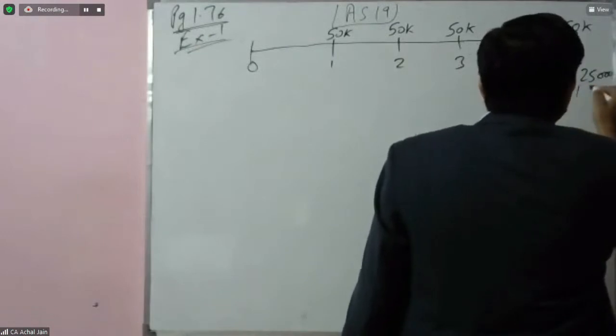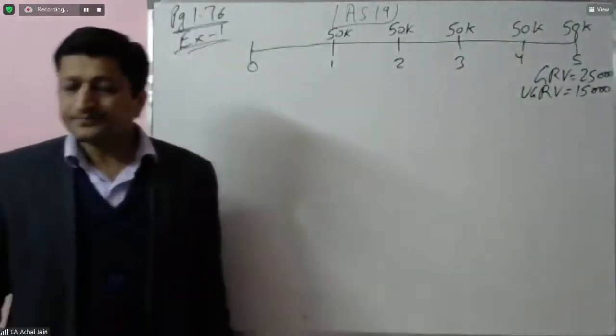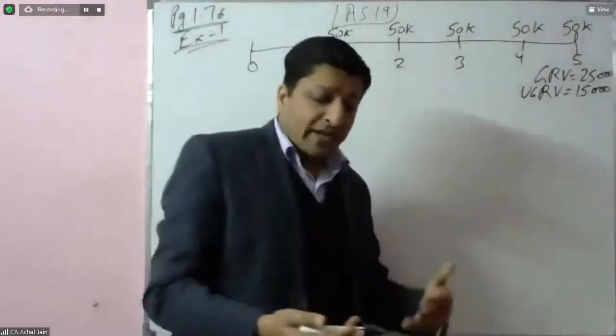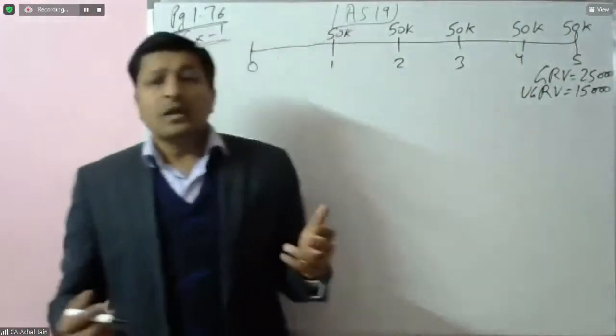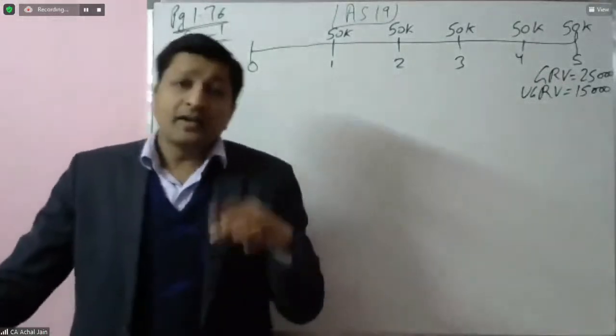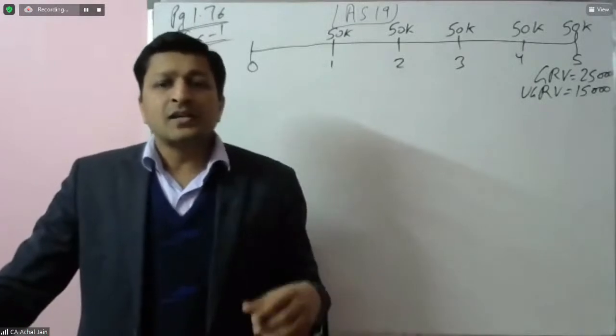Unguaranteed residual value is 15,000. Correct? You remember these two things are required whenever we compute MLP, and these two things are required to be considered in a different manner while computing MLP for a lessor and lessee.